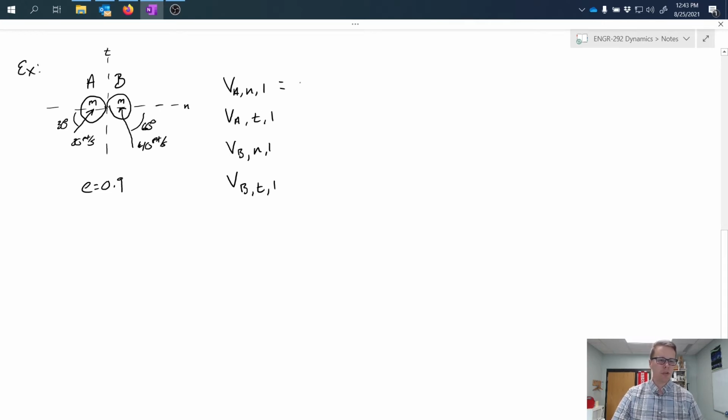So the first ball is traveling at 30 feet per second, and if I want the normal component I can take the cosine of the angle and I get 26. And I can carry this out for each component that I'm trying to calculate.